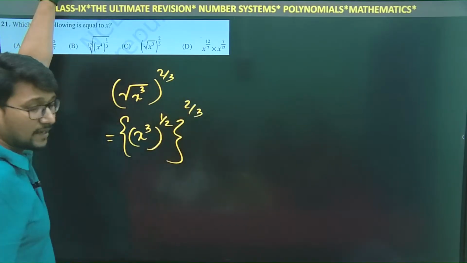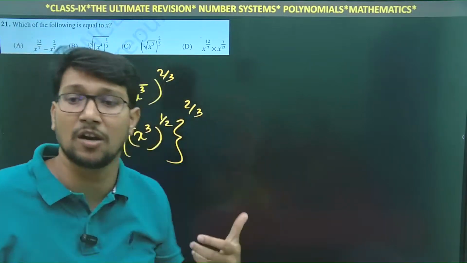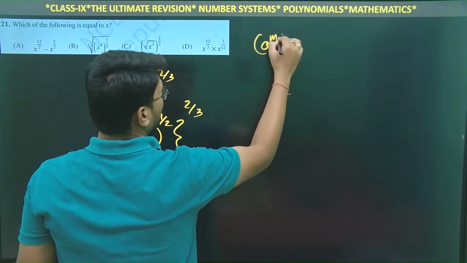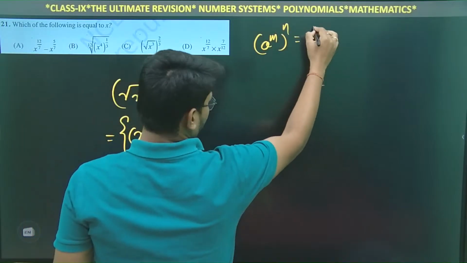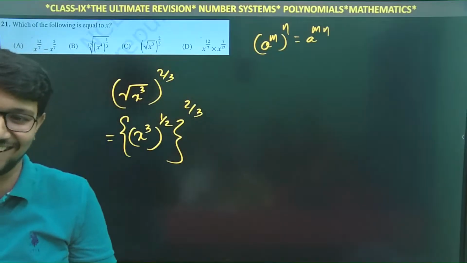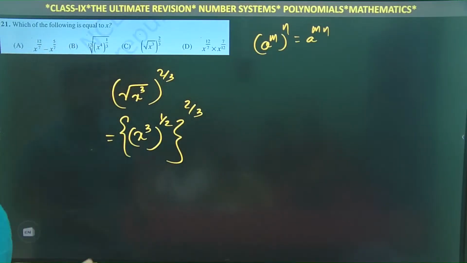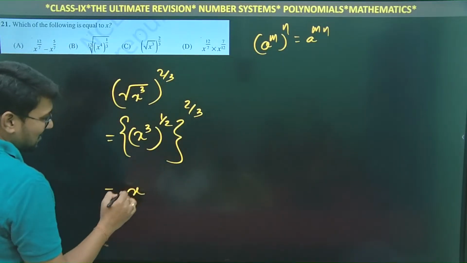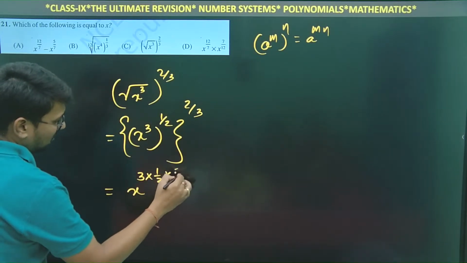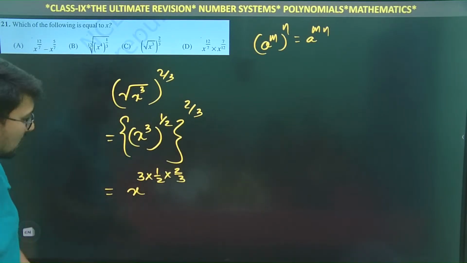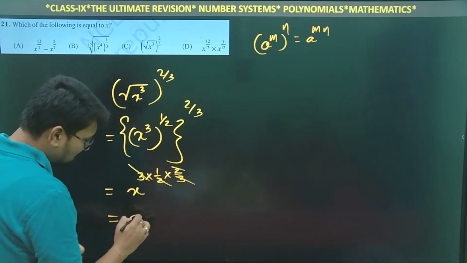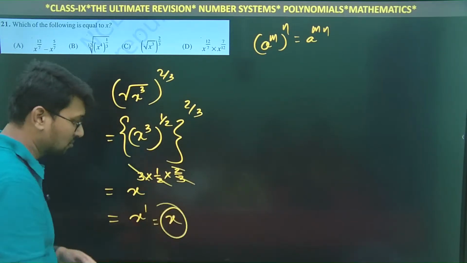It is coming under which law? (a to the power m) whole to the power n equals a to the power m into n. So x to the power 3 into 1 by 2 into 2 by 3. Check karo, 3 cancel, 2 cancel. So therefore x to the power 1 equals to x. Very good. Right answer.